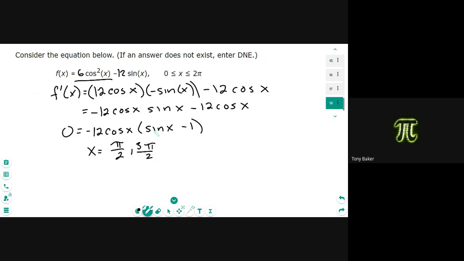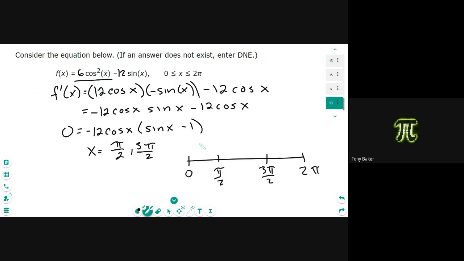Now, sine of x minus 1 equals 0. So we really want sine of x to be 1, right? Sine starts off at 0, so it's pi over 2 and 3 pi. I've got those two values there. So those are the endpoints, and I know I'm starting off at 0. So I've got 0, pi over 2, 3 pi over 2, and 2 pi.